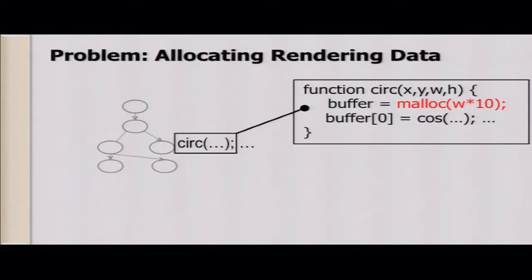Rendering is also interesting because on a GPU, you don't really have malloc. What we want for rendering is a malloc. We want to say, OK, we want to draw a circle for this node. This piece of data needs to be represented on screen by a circle. But that circle may have 20 vertices, and you don't know that until you've already solved the layout.